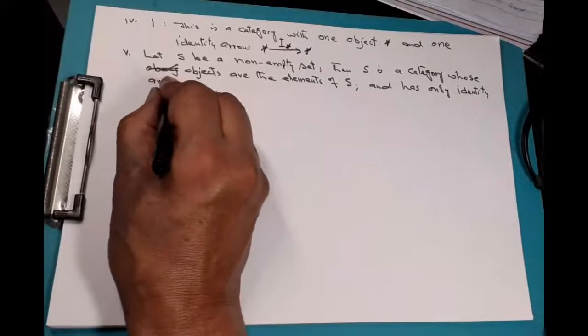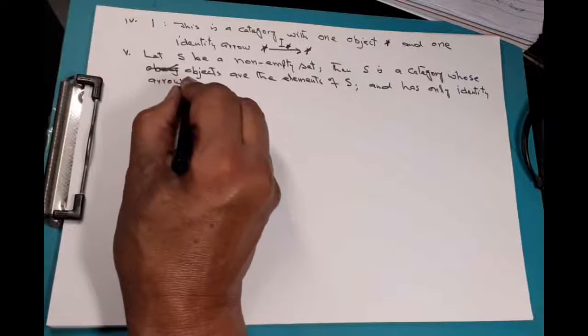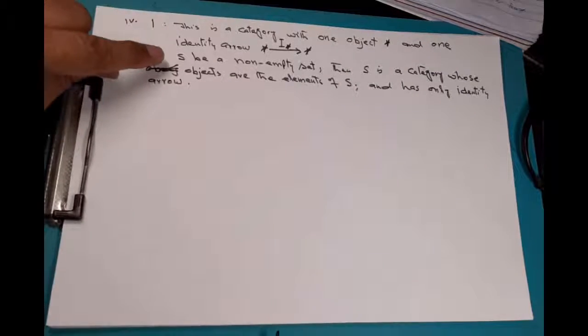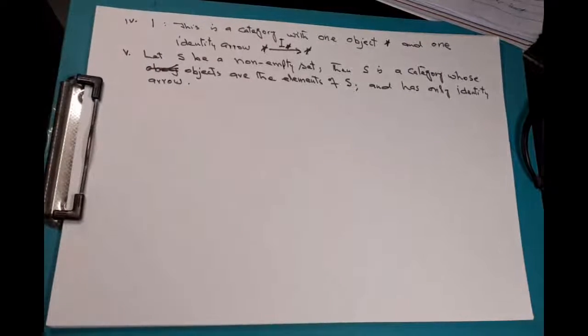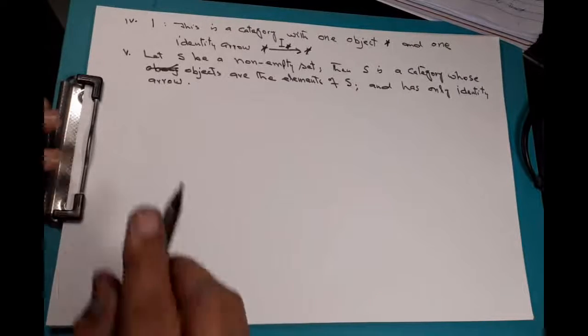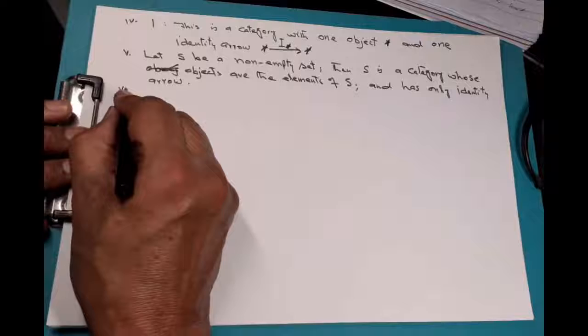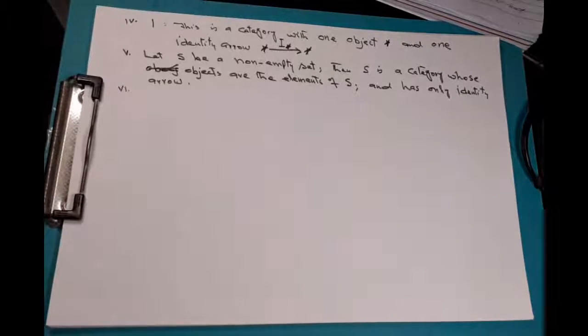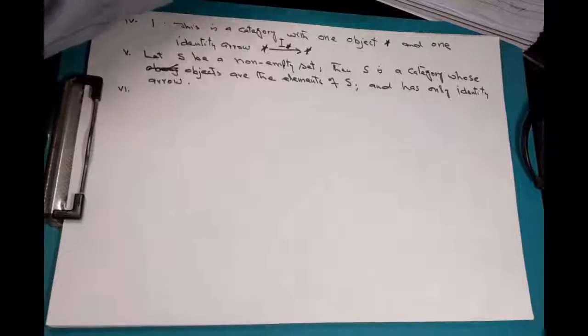This means that if A is an element of S, then there is an arrow from A to A, the identity arrow. That's it. So any set S is a category whose objects are the elements of the set, and arrows are the identity arrows only.